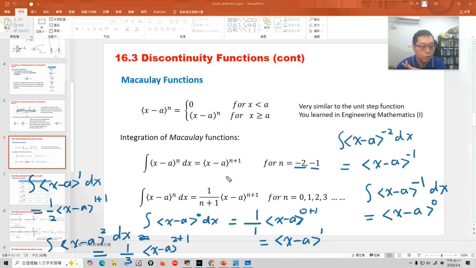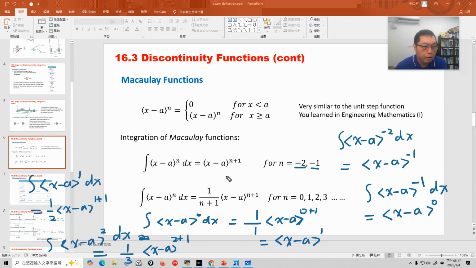In this course we don't want to give you the very detailed derivation, just let you know the rule, and then you can use the rule to solve the problem. That's the goal of this course.